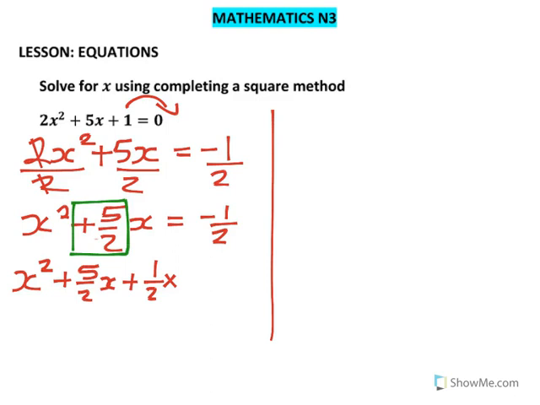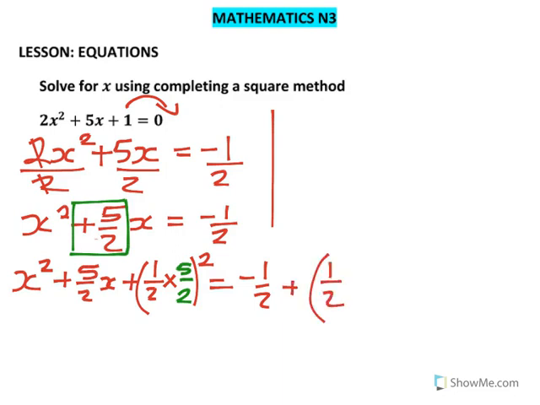5 over 2. That is the coefficient of x. And then what you do is you put everything in a square, equal to minus 1 over 2, again, plus the same thing that you do, 1 over 2 times 5 over 2 squared.